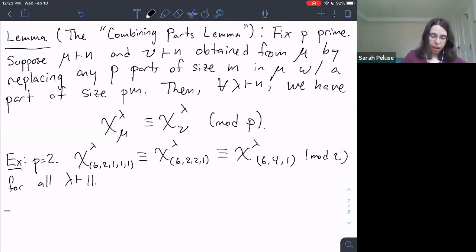So, okay, how is this proved? This just follows from Frobenius's formula for characters.